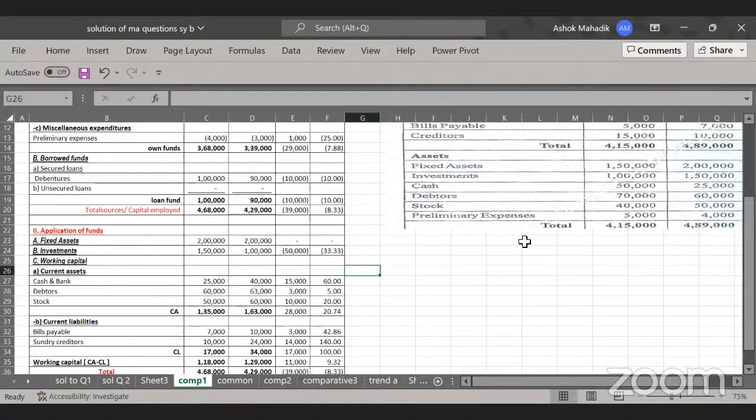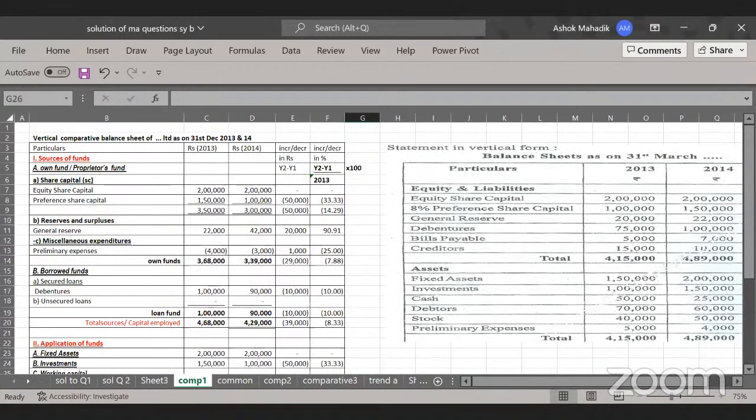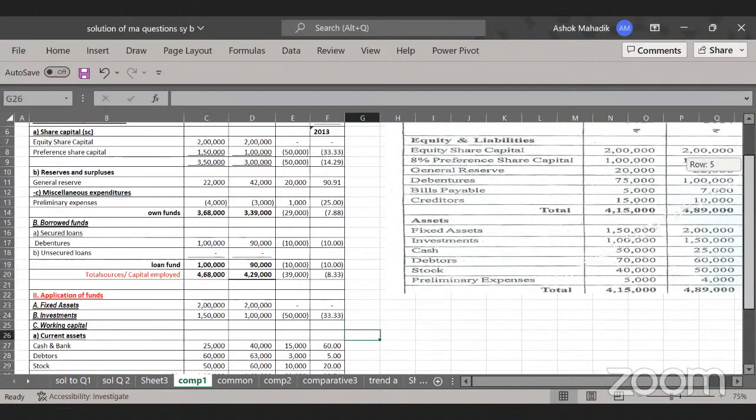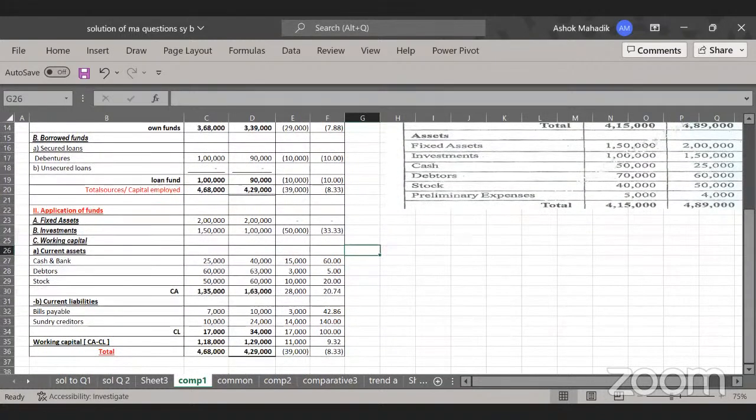See, in this comparative statement, the main challenge is you have to manage everything in one column only. All the heads and their totals will appear in one column. Clear? So even if 2-3 fixed assets are given, add them and keep the total in the same column.